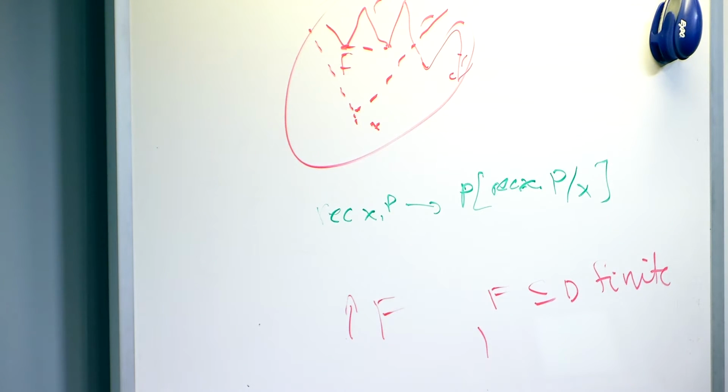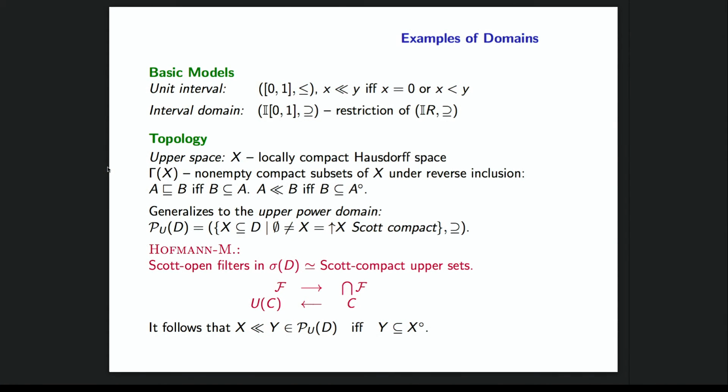Well, there's a famous theorem by Hofmann and someone else that says if you look at the Scott open filters in the lattice of open sets. So what do I mean by that? The lattice of open sets are the open sets ordered by inclusion. A filter in a lattice is an upper set with the property that any two elements in it have an inf in there.